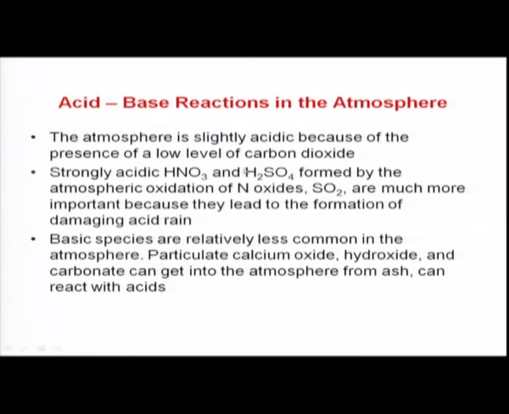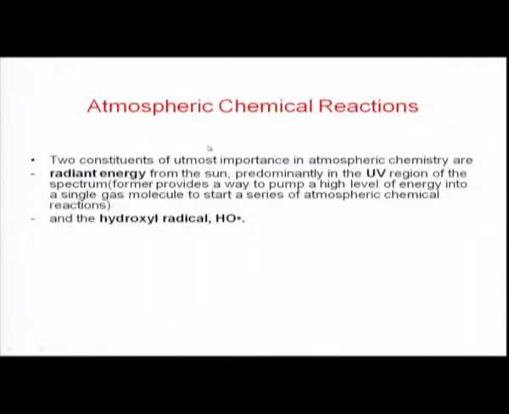So, acid base reaction is one of the reactions taking place in the atmosphere, and for various chemical reactions to take place in the atmosphere, some things are required. Then only that will speed up the chemical reaction, and two constituents present in the atmosphere are very, very important.